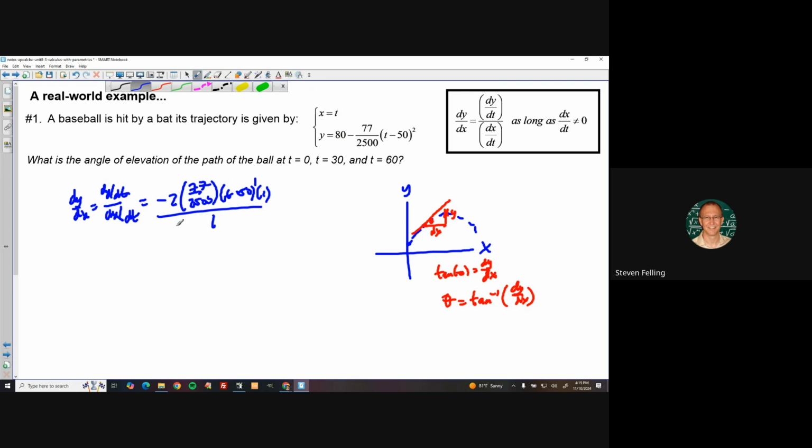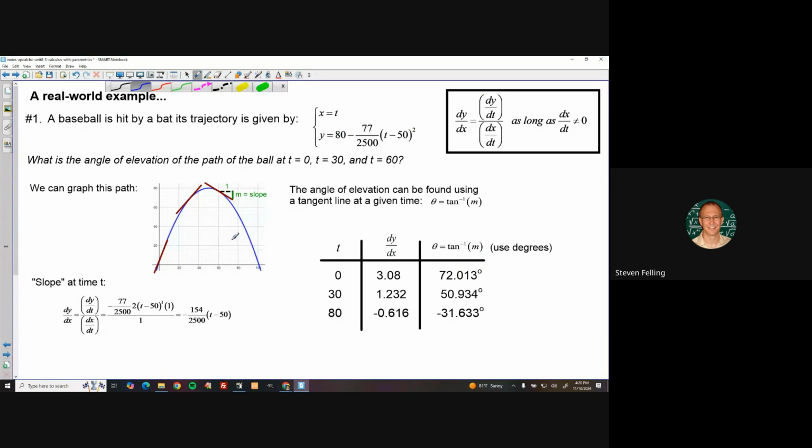Right, so this is the slope, and therefore the angle of elevation is the inverse tangent of that slope, negative 2 times 77 over 2500, times (t minus 50). So you can plug any t in here and then compute the inverse tangent to find that. We've already gone pretty long on this video, so I'm just going to show you the result.